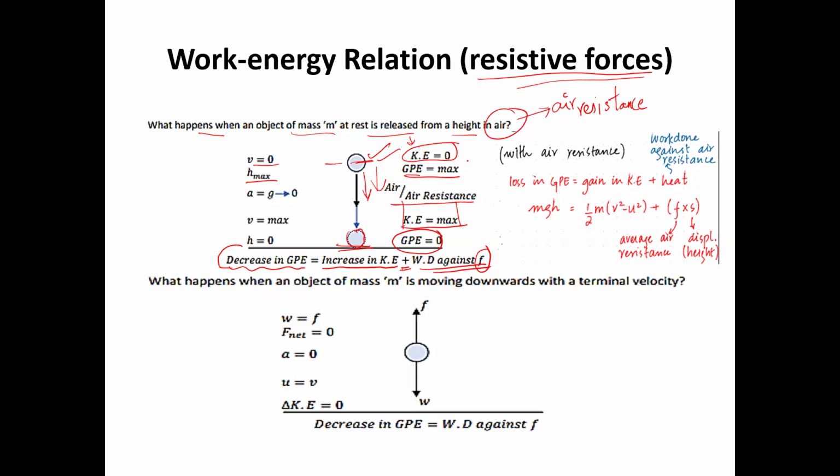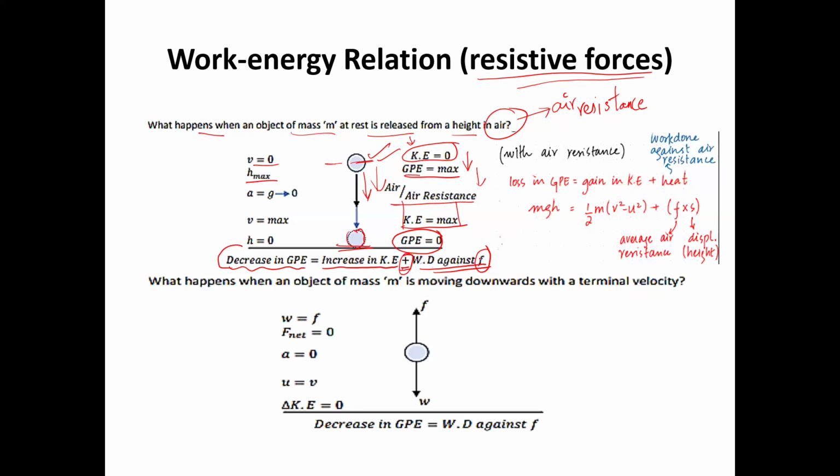Whatever amount of energy decreases as we fall downward, that decrease in gravitational potential energy increases the kinetic energy plus the work done against the friction. This is very important.